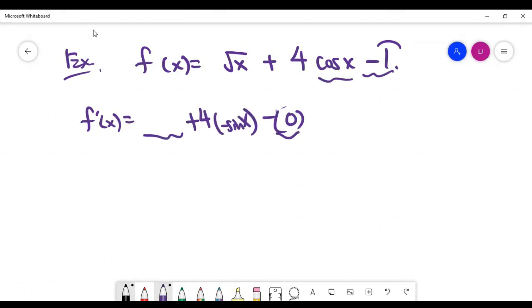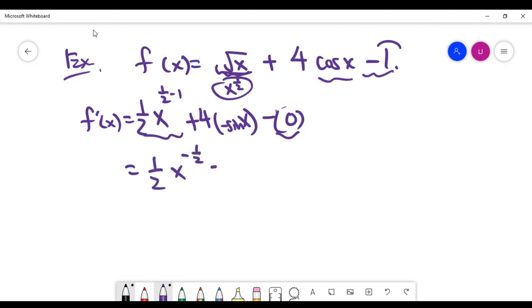And for the first term, the derivative of square root of x, please recall square root of x is the same as x to the power half, right? So you can use the power rule, which means you pull the power 1 over 2 out, times x to the power half minus 1. I'm using a power rule here, so it becomes half times x to the power negative half minus 4 times sine x. And that's the answer to the derivative problem.